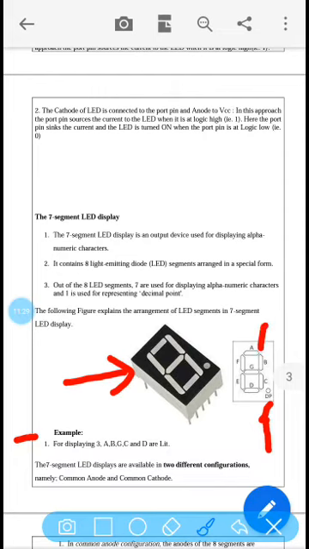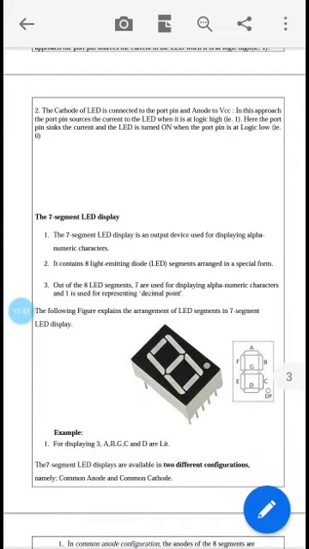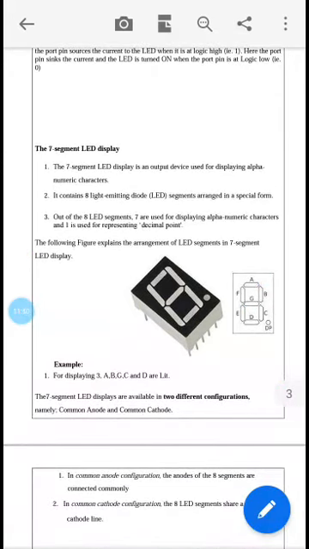You need to light up A, B, G, C and D. If you can turn on these segments, you can display 3 on the 7 segment display component.